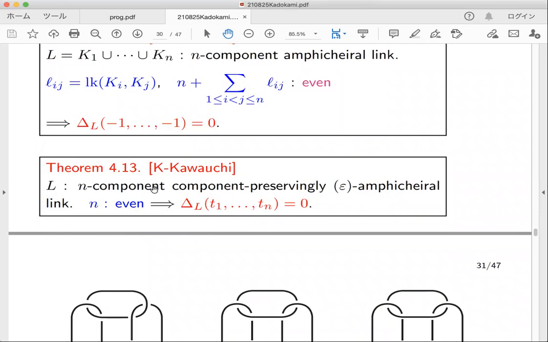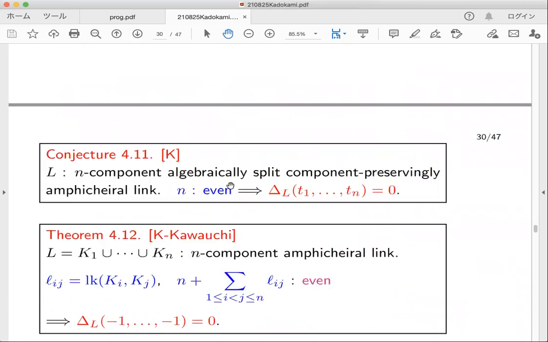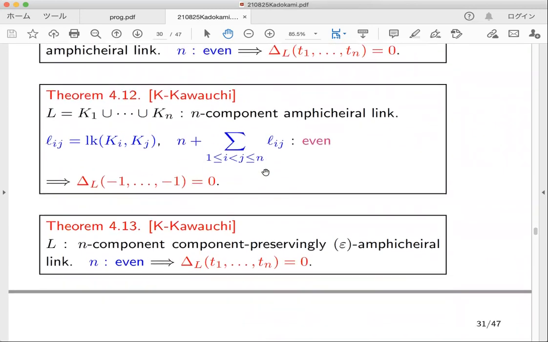If L is an n-component component preserving epsilon Amphicheiral link and n is even, then we have the Alexander polynomial of L equal to 0. This is a partial answer to this conjecture.